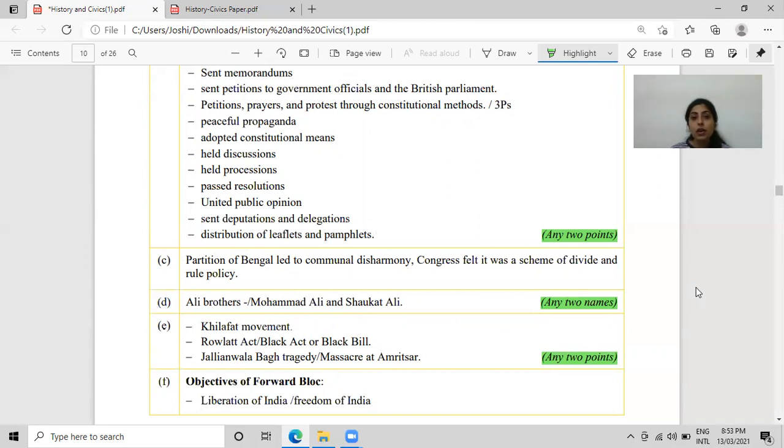So the partition of Bengal took place on 16th of October 1905. Point number 1. And the second point which I mentioned is Congress felt the scheme of partition for divide and rule policy. So 2 points mentioned for this 2 marks question.